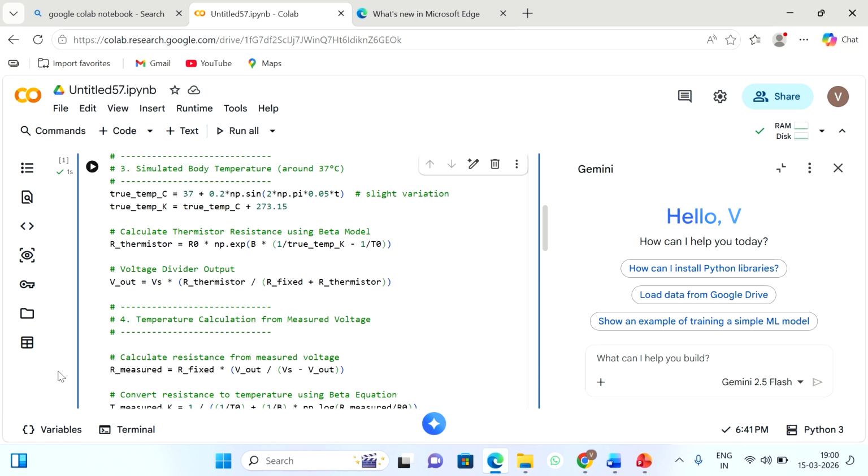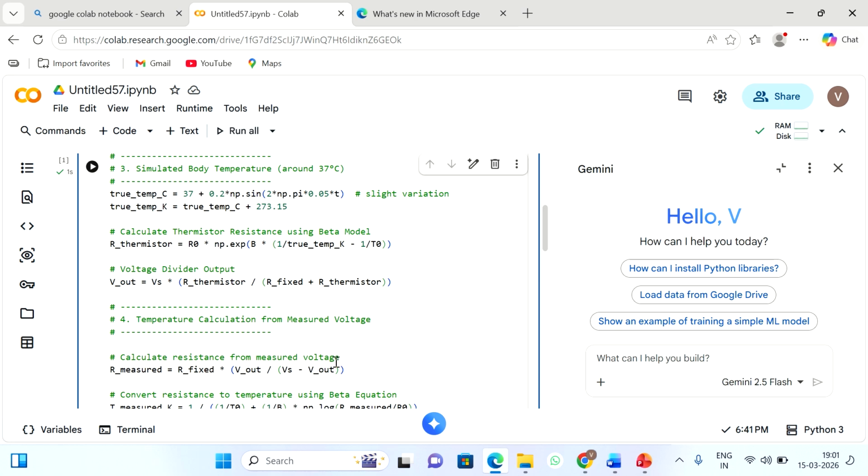So the formula is rewritten as V0 is equal to Vs and R thermistor by R fixed plus R thermistor. So next one, what is the meaning? As the resistance changes, output voltage changes. This voltage is what we are going to measure using the analog to digital converter.